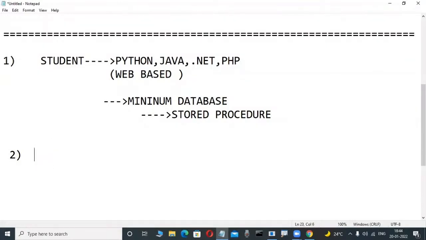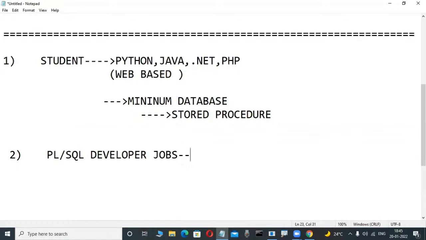Then they apply for PLSQL developer jobs, which exist even without knowledge of Java, .NET, or front end, for a non-technical person without very good programming skills. Then PLSQL developer jobs are there, even with a two or three year gap.